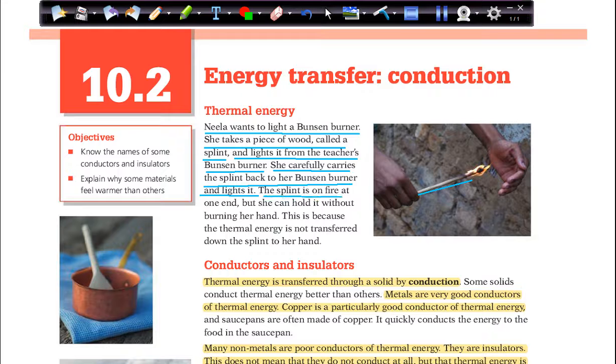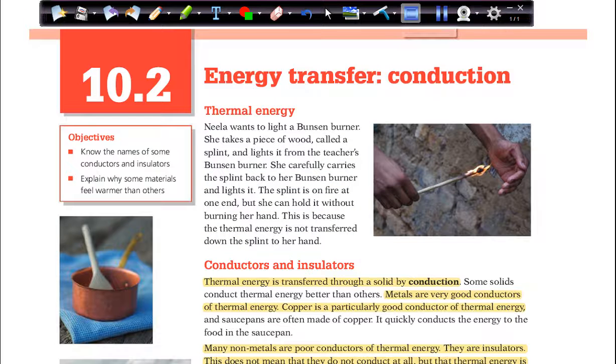The splint is on fire at one end, but she can hold it without burning her hand. This is because the thermal energy is not transferred down the splint to her hand. So here we can name this piece of wood an insulator. Why? Because the fire or the energy from this side doesn't transfer along the wood piece to the hand.